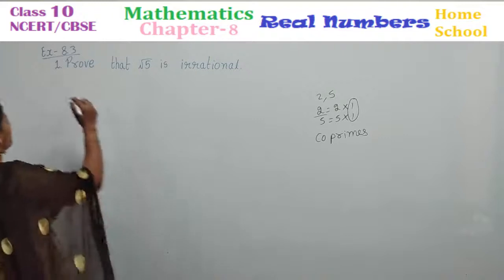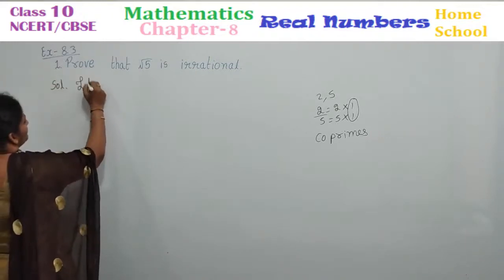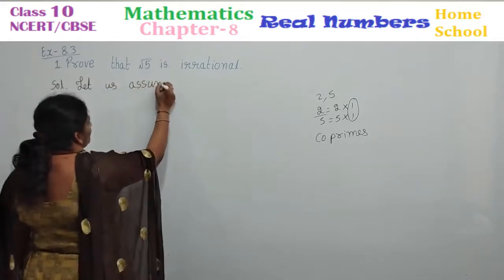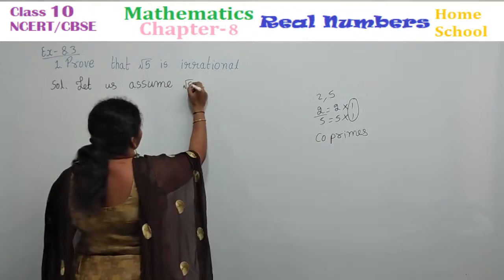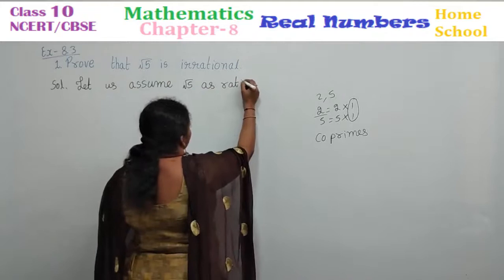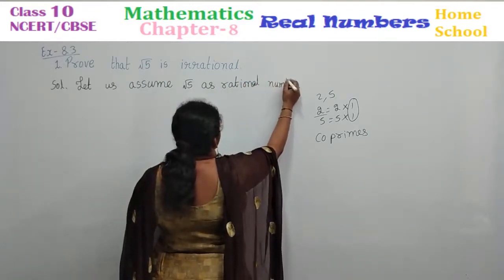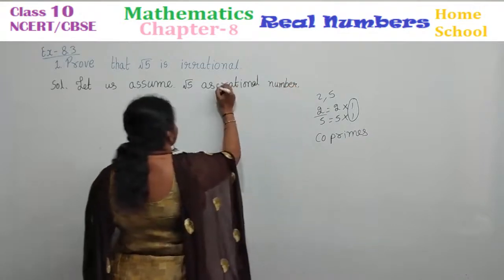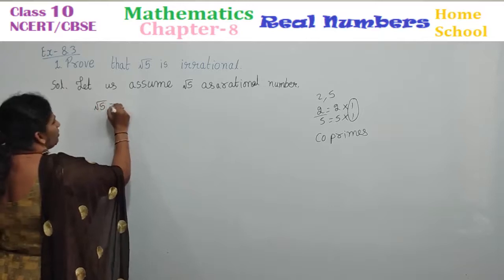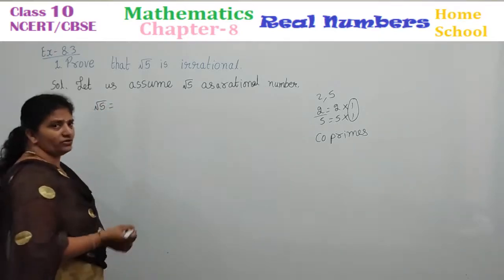Let us start our problem here. How can we start? Let us assume root 5 as a rational number. If it is a rational number, what can we write here? Root 5 must be equal to, you may take P by Q, you may take A by B, any value you can take.